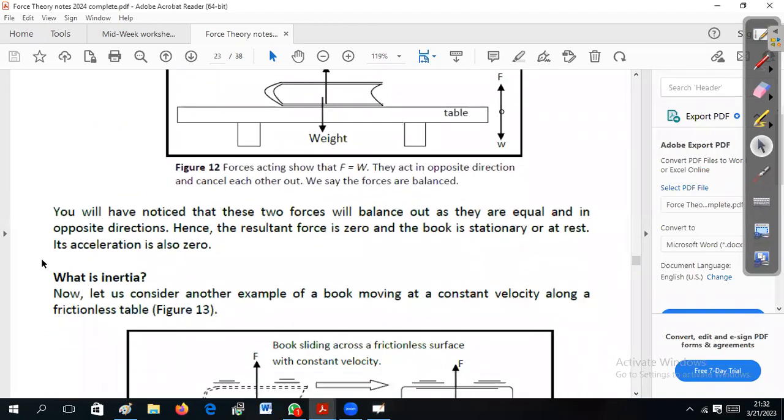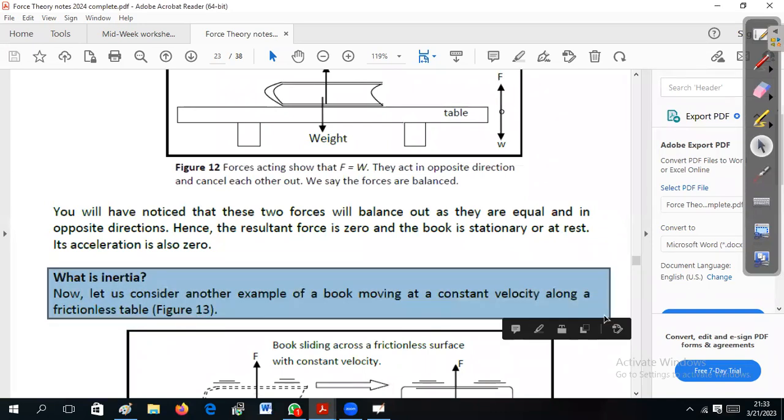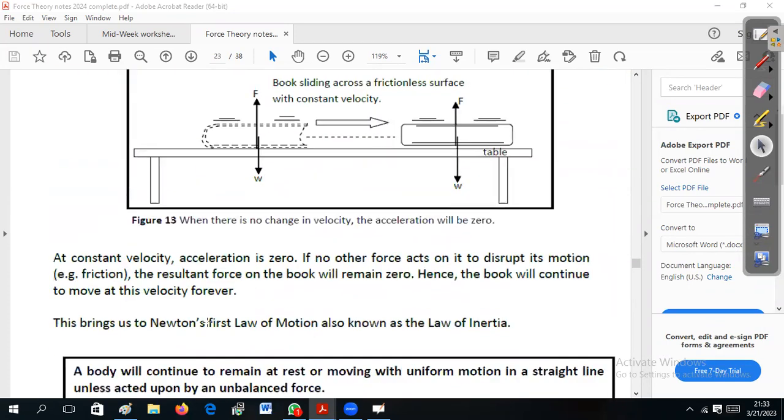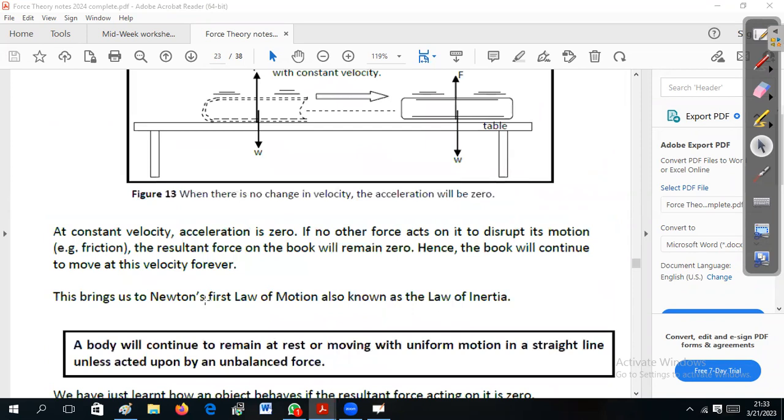Is this word familiar to you? The word inertia, is that familiar to you? Very much. Yes. Good. It's really good. Others? Some of you are very familiar with it.